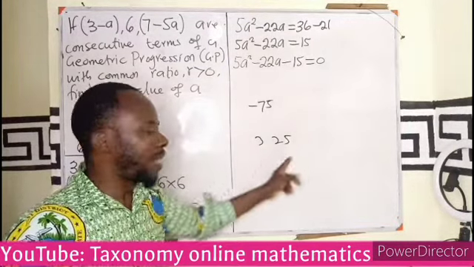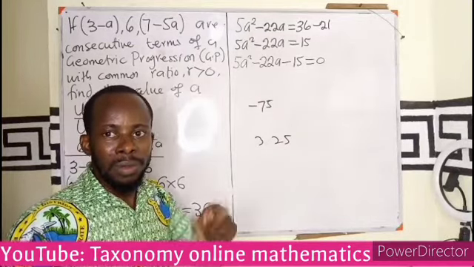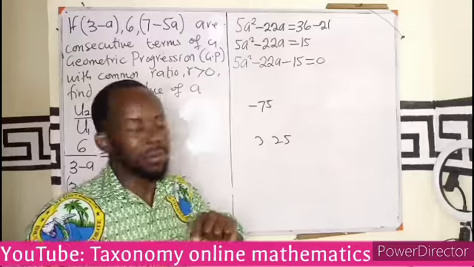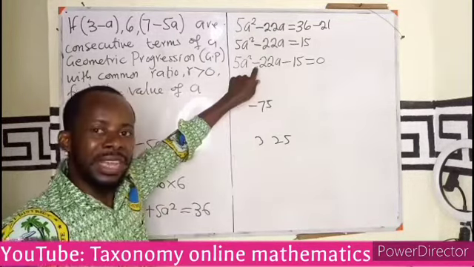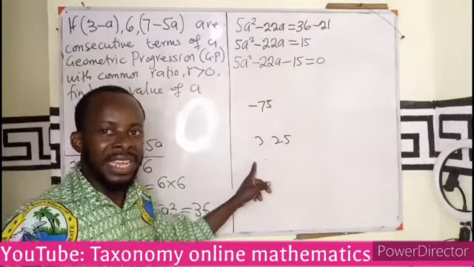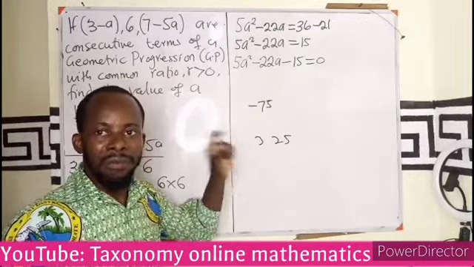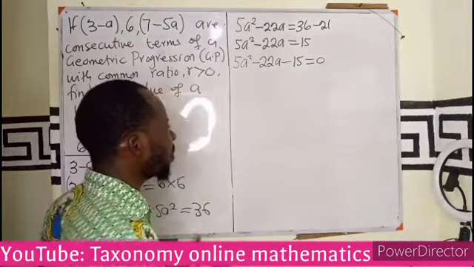If I put one of them negative, my answer will be 22, either positive or negative. As I said earlier, the bigger one must be negative to give negative 22 here. So the factors I'm looking for are 3 and negative 25. Alright, so we are going to replace that with this.